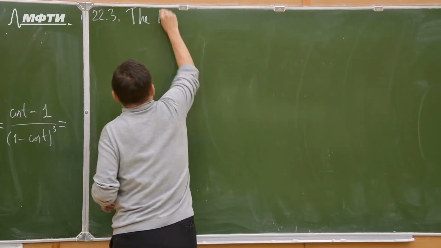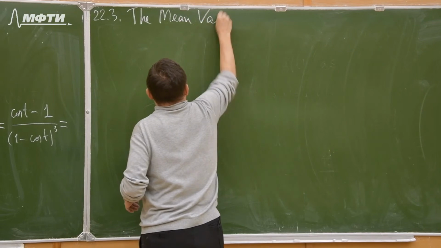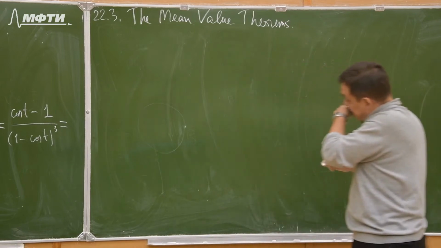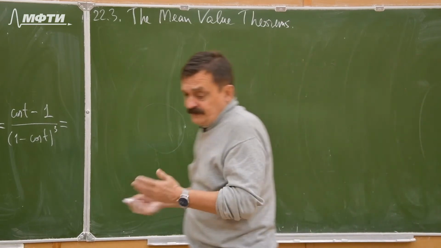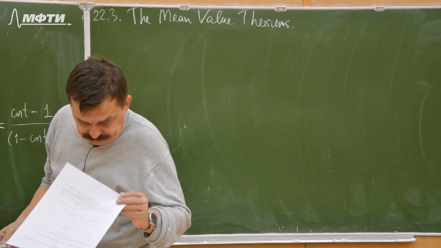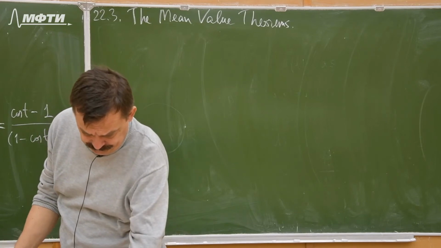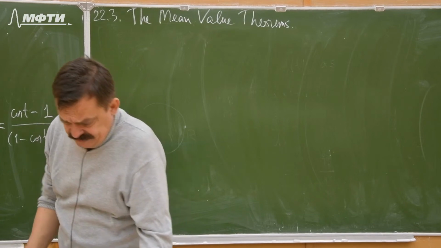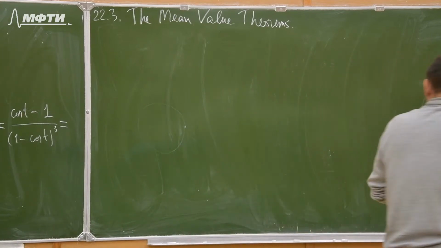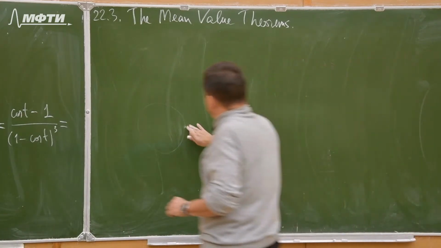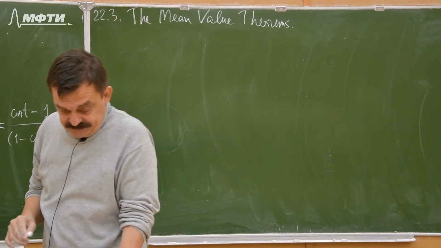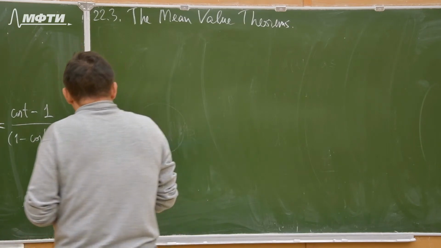There are 3 of them, but we start with the definition of local maxima and minima. So, definition.